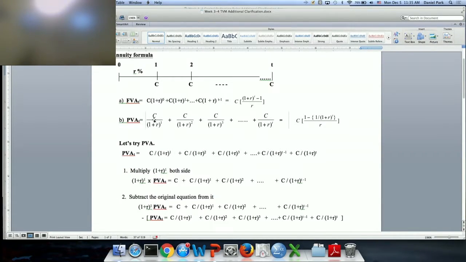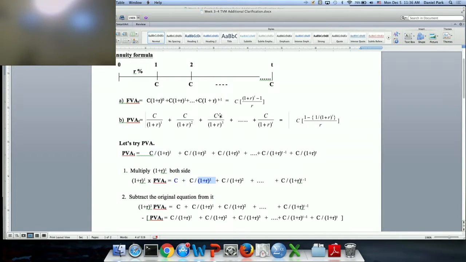Then the leftover is C, so here we have only C. And the second one, we multiply by 1 plus R, so in the numerator we have 1 plus R and in the denominator we have (1 plus R) to the power of 2. We cancel out one, so the leftover is C over (1 plus R) to the power of 1. Out of 2, we cancel out 1.